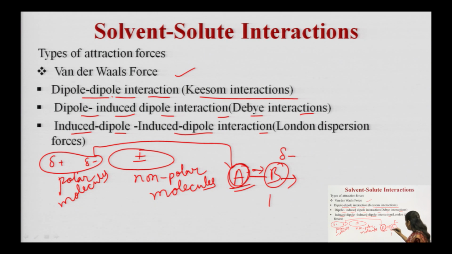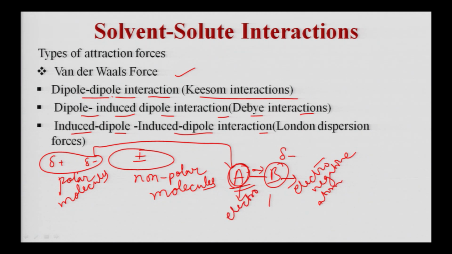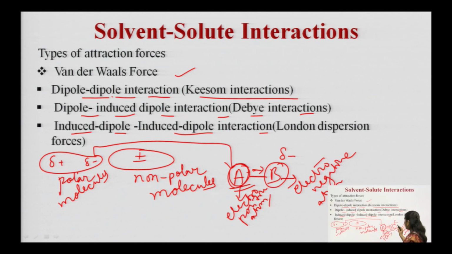If B is your electronegative atom and A is an electropositive atom, then B will attract the electron cloud toward itself and get a slightly negative charge, and A will get a slightly positive charge.